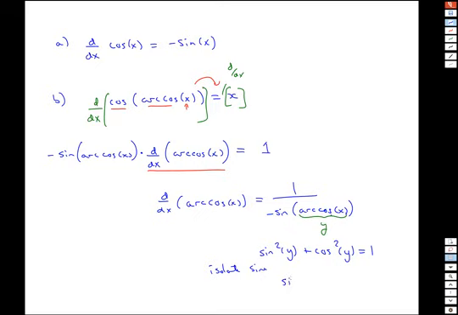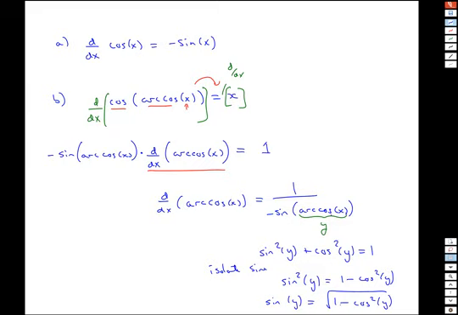So we're going to have sine squared of y, clean that up, is equal to 1 minus cos squared of y. And so sine of y is going to be the square root of 1 minus cos squared of y. And there might be issues with plus or minus here. We'll table those for a second.